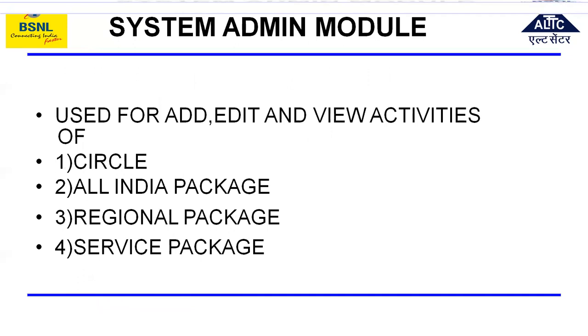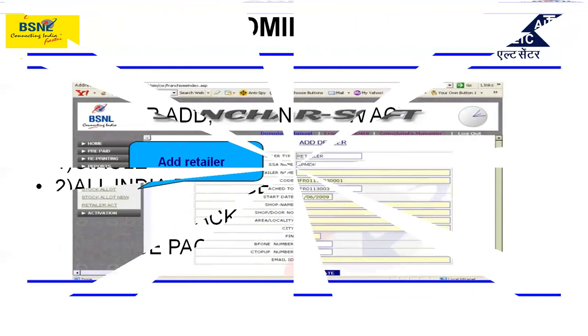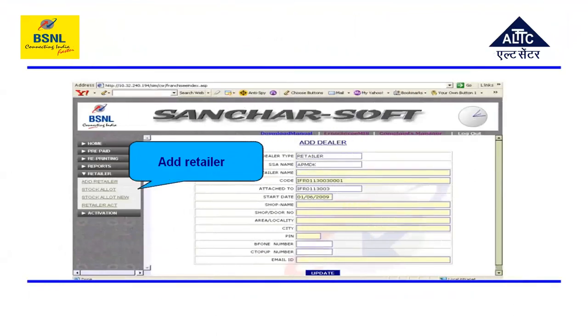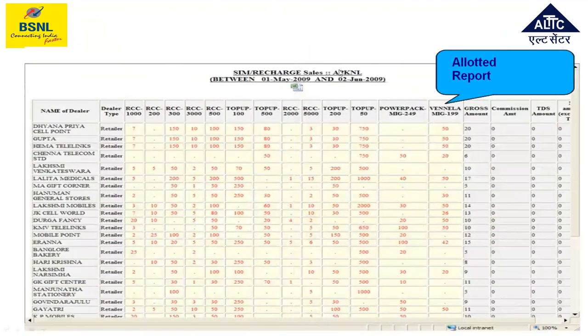If the system administrator logs in, what can he do? He can add, edit, and view activities of circle, all India package, regional package, and services package. This is just an overview, and you can add possibilities, color, and detail here.